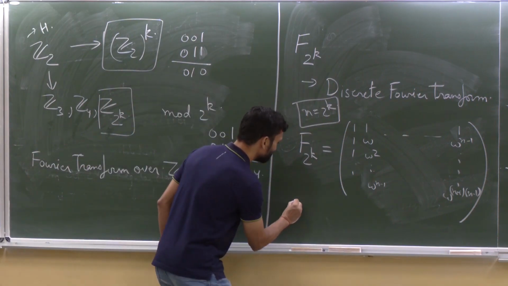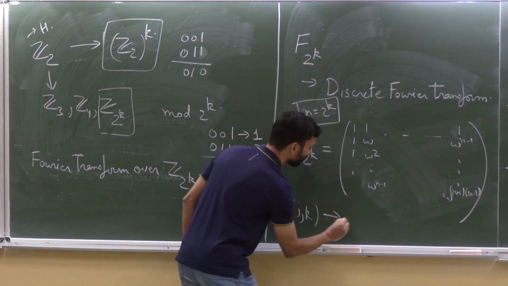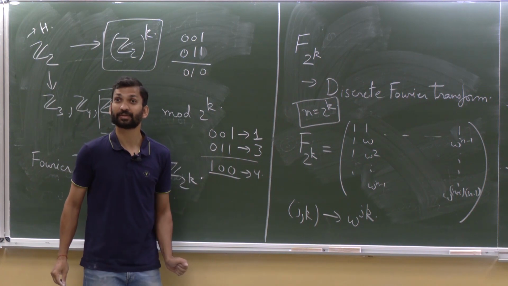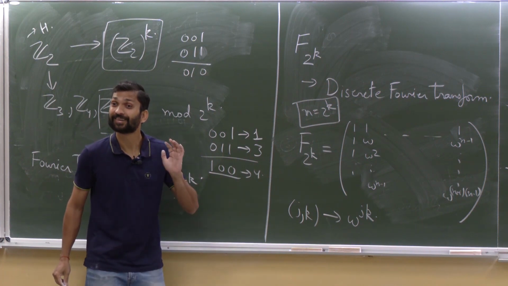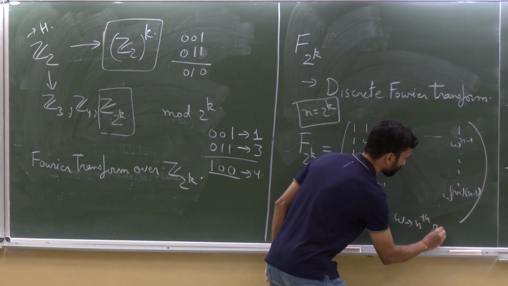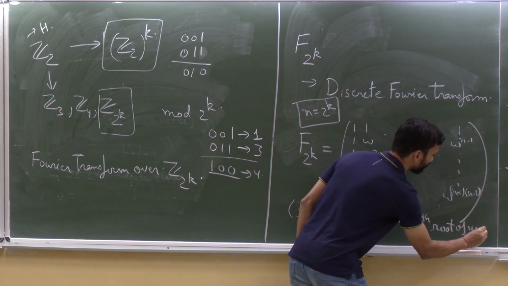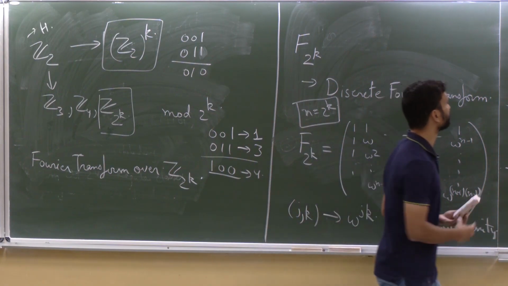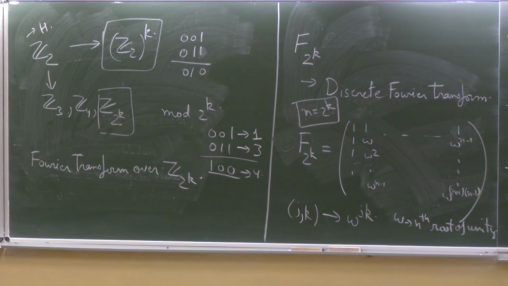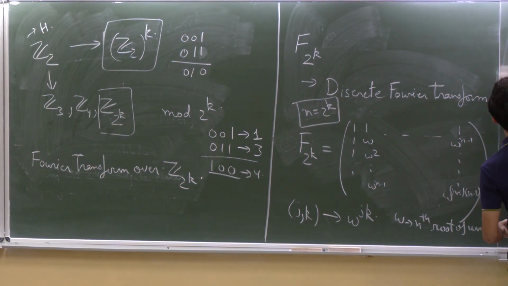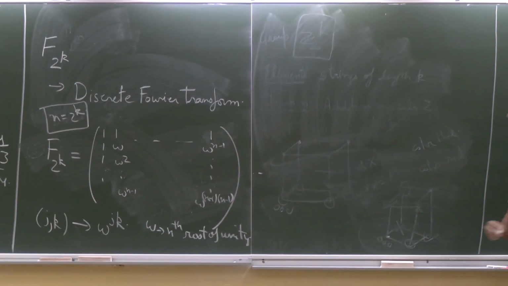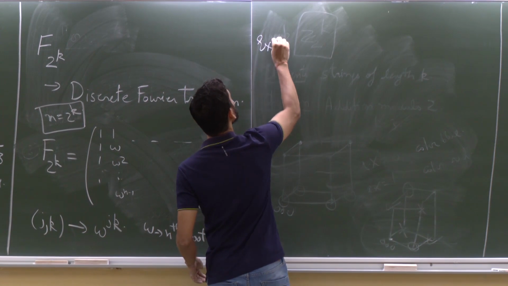The jkth entry is omega to the power jk, where omega is the nth root of unity. The exercises you will do are as follows.